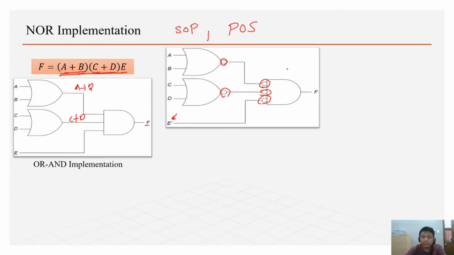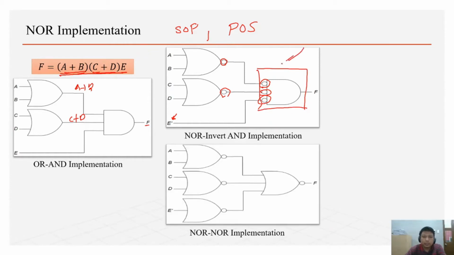Going back to the previous slide, this function or this gate can also represent what we call a NOR gate. So this implementation is what we call the NOR invert AND implementation. And if you want to have a pure NOR implementation, you can have it like this.